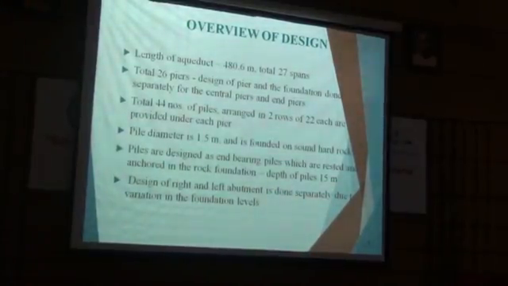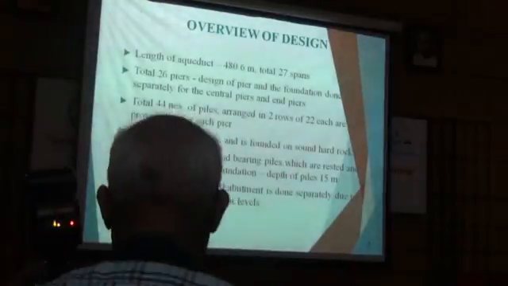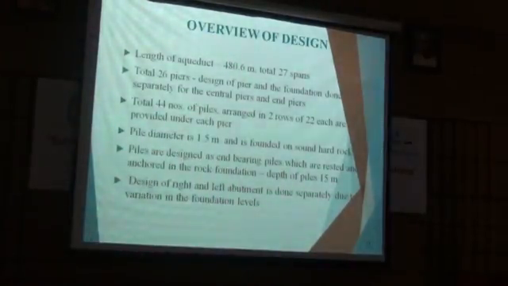So basically it's a bridge carrying water, so to speak. In total there are 26 piers. Each pier is provided with 44 piles. The depth of the pile is approximately 15 meters, varying somewhat as per the rock level at the bottom.